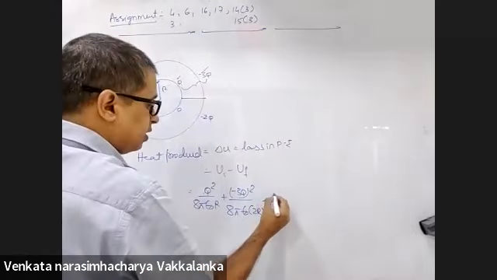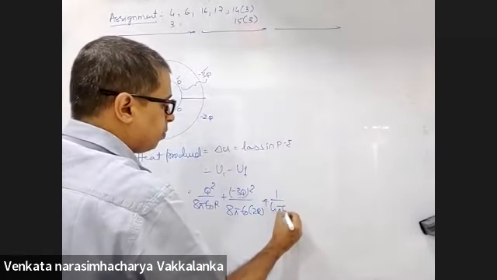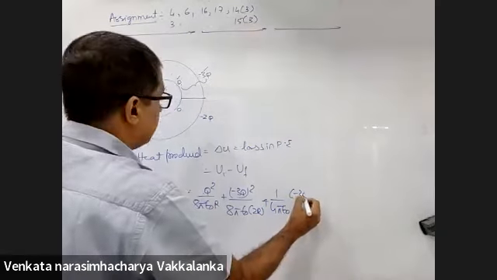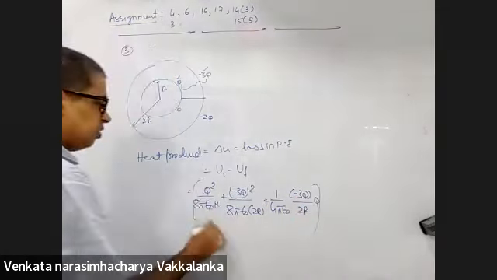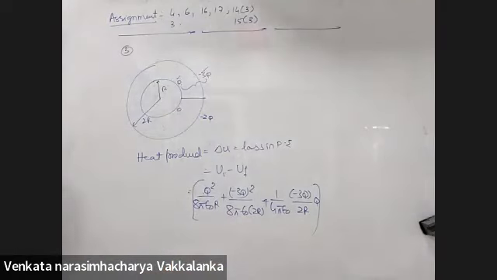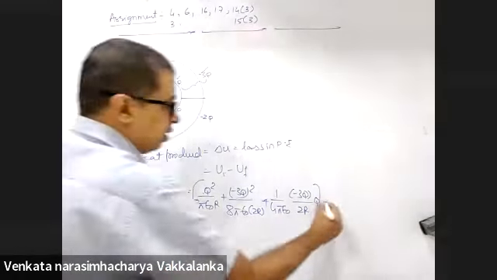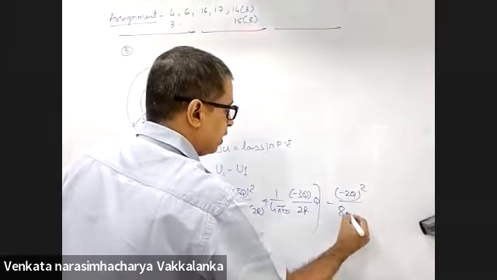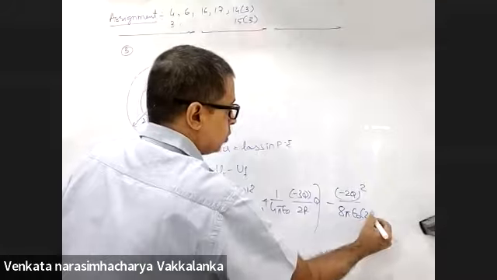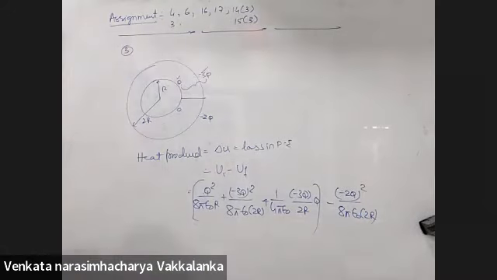Interacting potential energy between the two, 1 by 4 pi epsilon naught, minus 3Q by 2R into Q. This is the initial potential energy. What will be the final potential energy? Minus 2Q whole square by 8 pi epsilon naught 2R. Difference is the heat loss or heat produced.